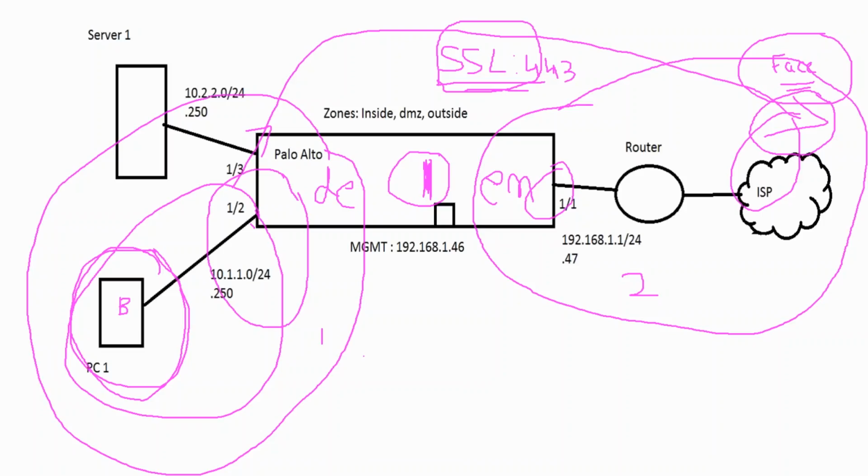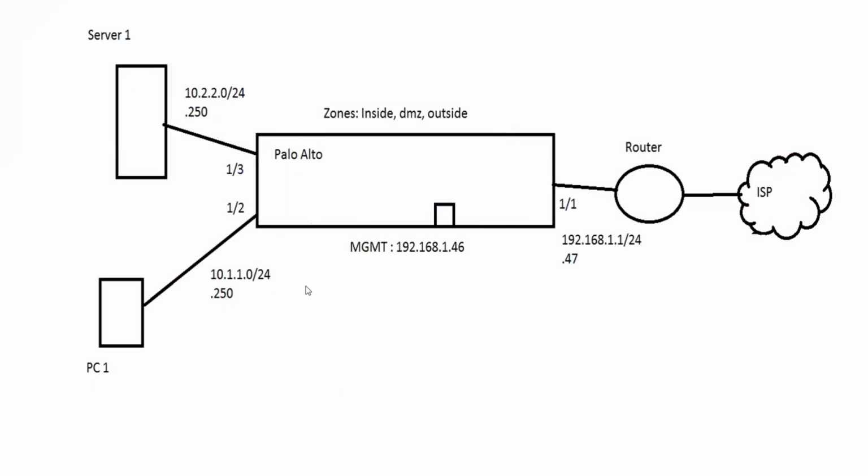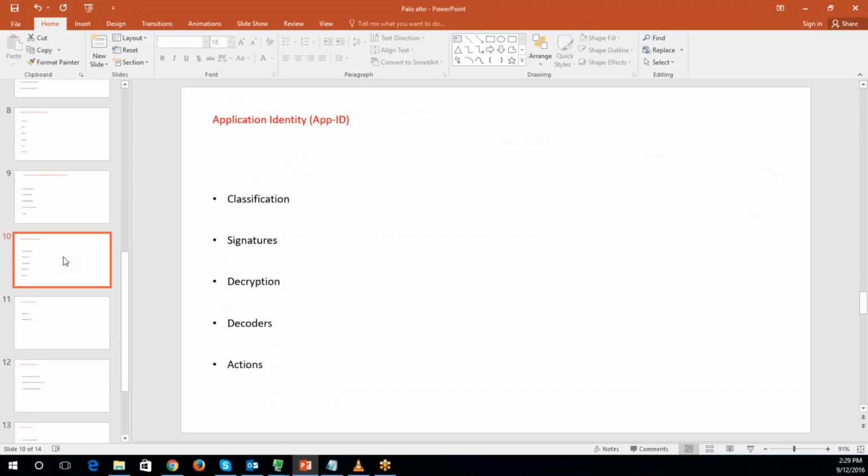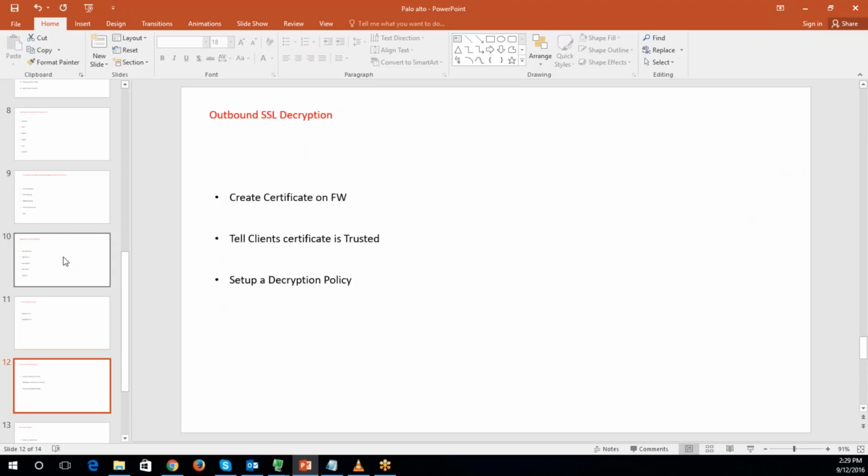Okay, so understood this first. What we are going to see now, let's do this practically. There are a few steps here. First, we are going to create one certificate in the Palo Alto.